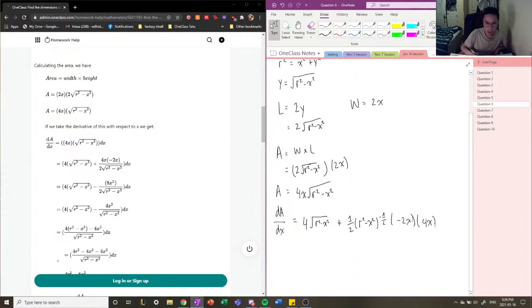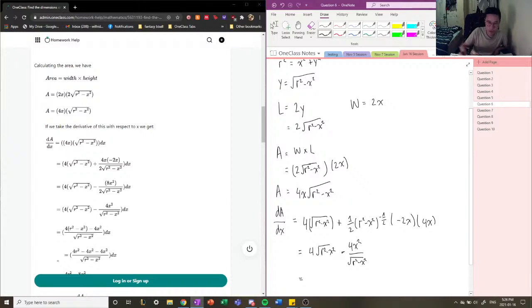So if I were to simplify this, we would get 4 times r squared minus x squared, minus 8x squared divided by, or minus 4x squared divided by the root of r squared minus x squared.